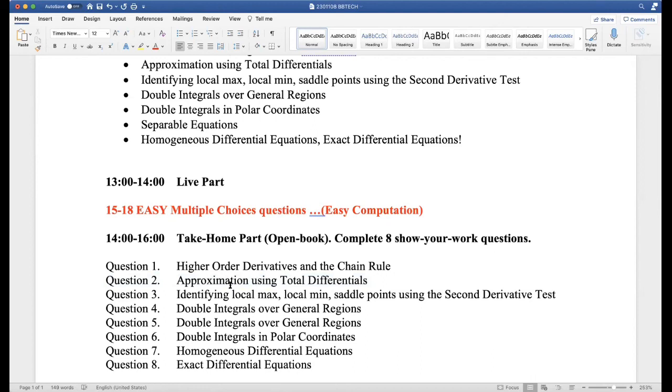If you study on that question, you shouldn't have a problem with question 2 here. But if you use calculator immediately without using calculus, of course you get 0, because I will ask you to use total differential to approximate. I didn't ask you to use calculator to approximate. So if you use calculator, you're gonna get 0 for sure, because I want to see steps that you use differential to approximate the function.